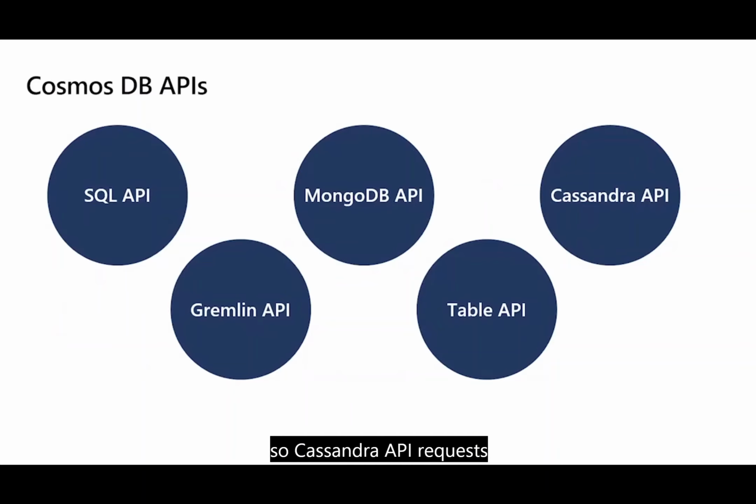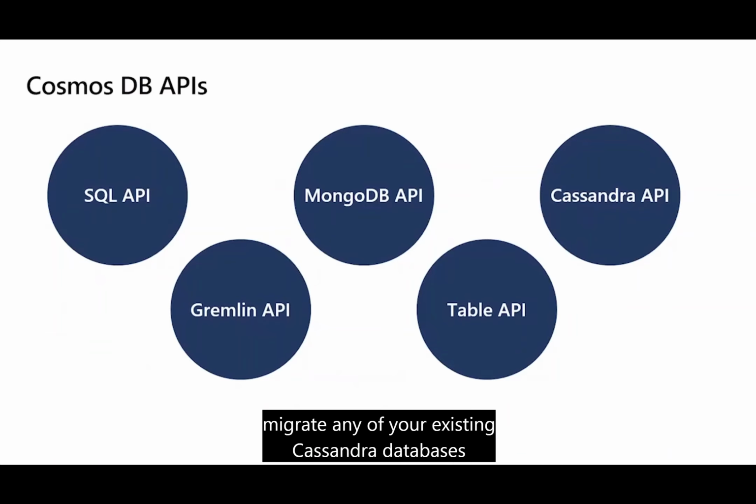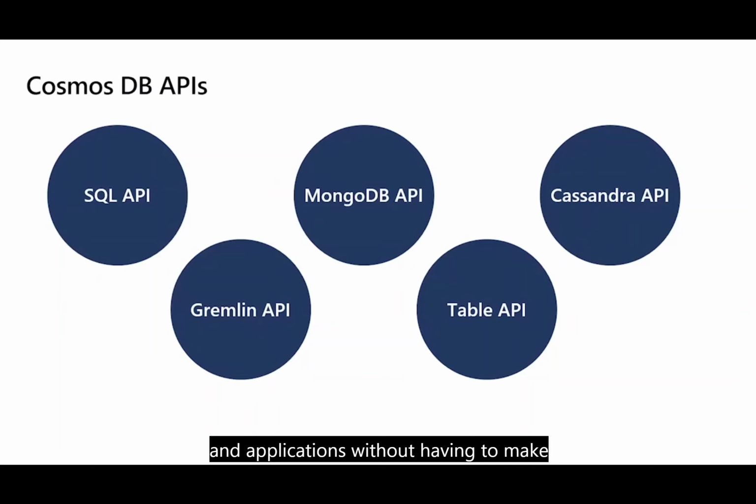So Cassandra API requests are mapped to Cosmos DB document requests. Just like the MongoDB API, the primary purpose of the Cassandra API is really to enable you to quickly migrate any of your existing Cassandra databases and applications to Cosmos DB without having to make many changes.